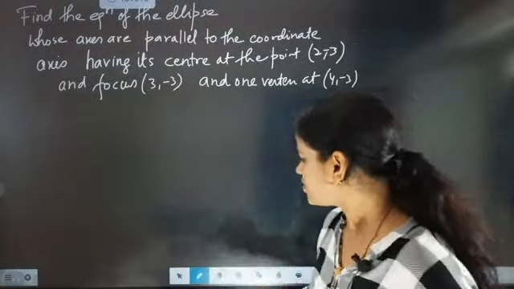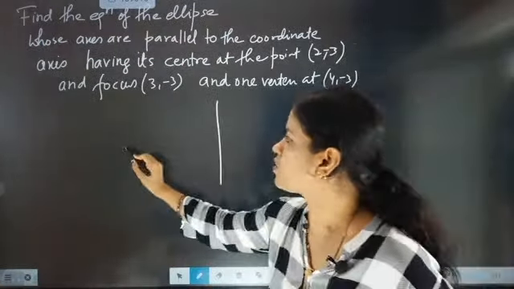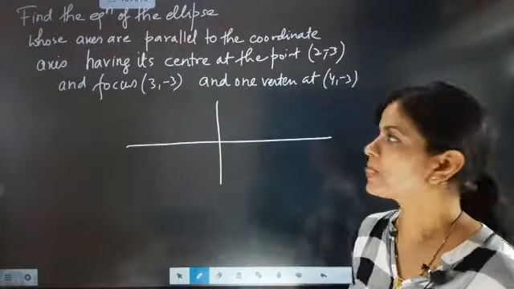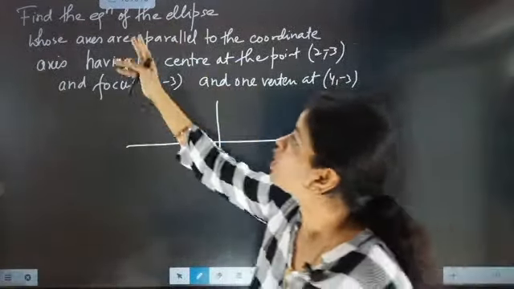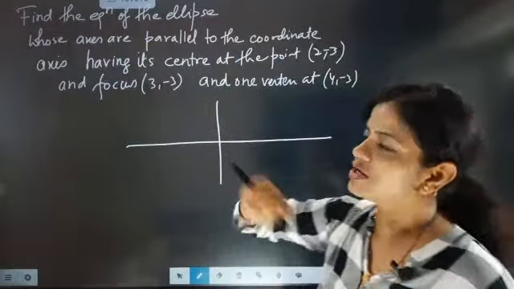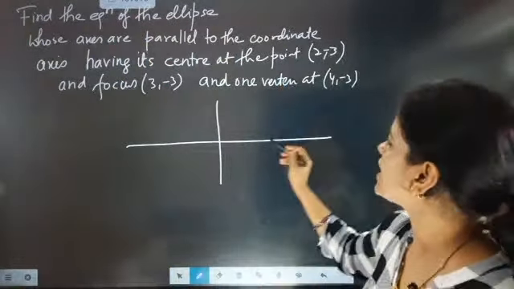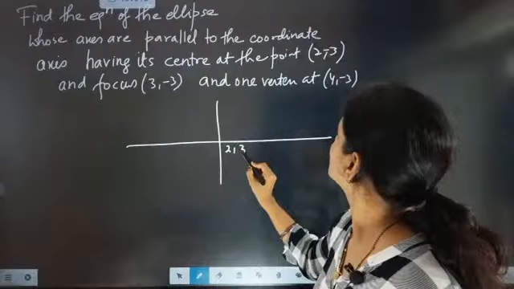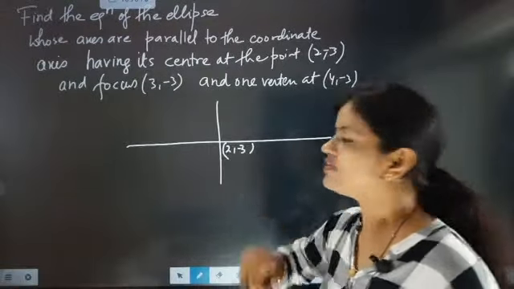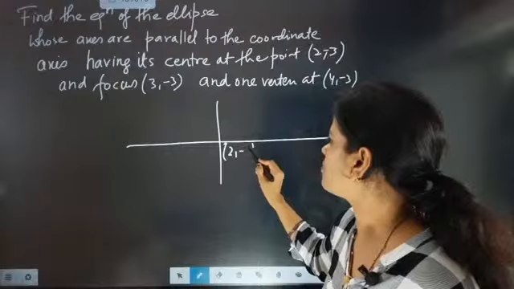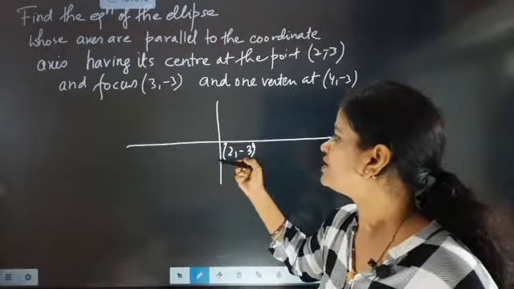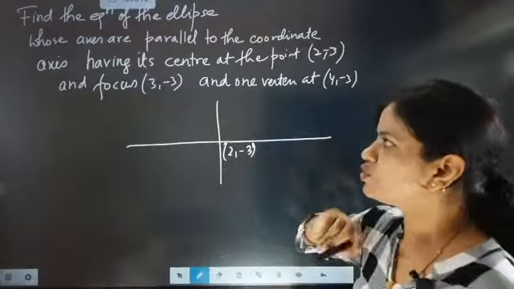So now, first work is we are going to draw according to the given situation. The situation given to you is: find the equation of the ellipse whose axes are parallel to the coordinate axes, having its center at 2, minus 3. So the center is not at the origin, the center is at 2, minus 3.